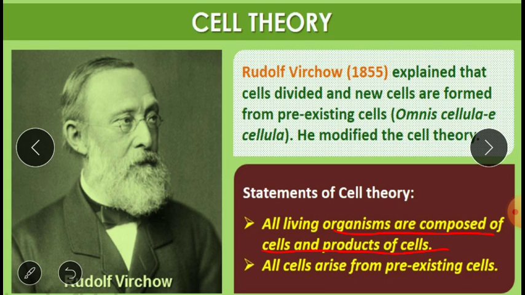All cells arise from pre-existing cells was the second point of the cell theory. Hence today we follow the cell theory: all living organisms are composed of cells and products of cells, and all cells arise from pre-existing cells.